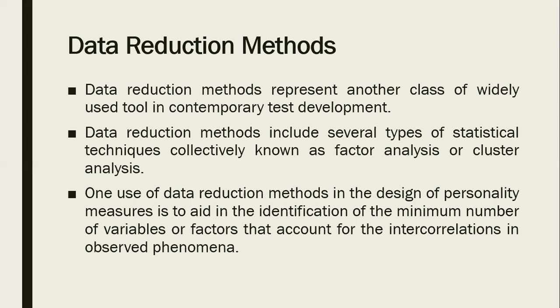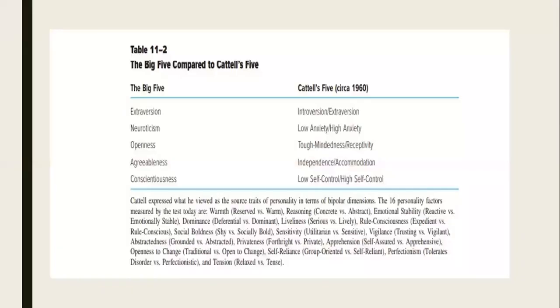A well-known use of such methods was by Cattell in the 1940s, in which he reduced a list of more than 18,000 personality trait names to only 16 primary factors of personality.